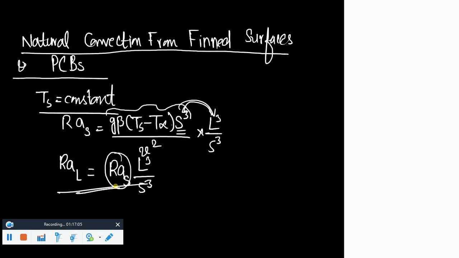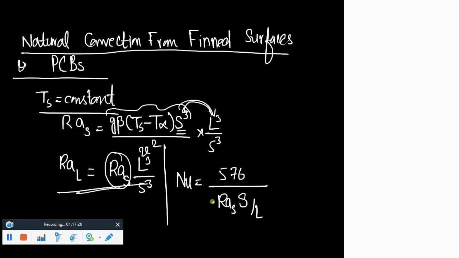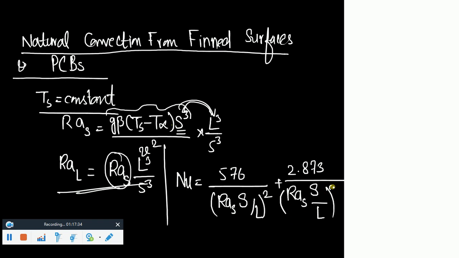So if you use this boundary condition, Nusselt number would be equal to 576 over (Rayleigh number based upon the width times S over L) whole square, plus 2.873 over (Rayleigh number based upon the width times S over L) raised to power 0.5, and then everything has an exponent of minus 0.5.